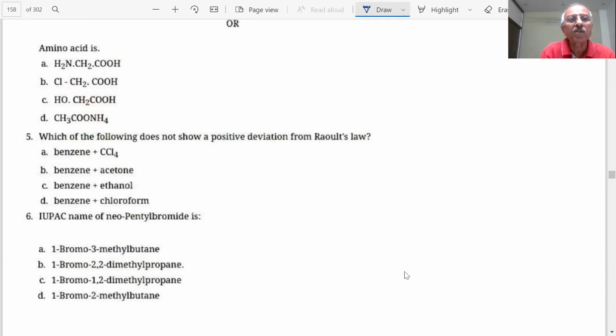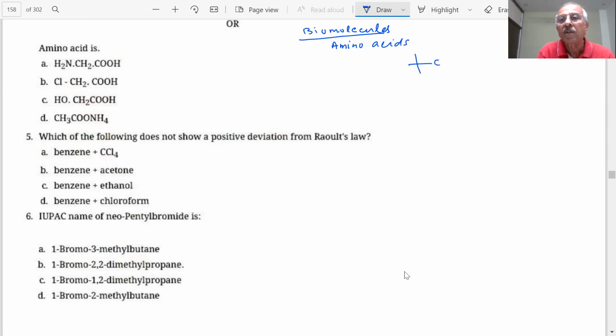Amino acids. The question is, which is an amino acid? You already know, students, I told you in which chapter we have studied the amino acids: biomolecules. In that chapter we told you about 20 natural amino acids, and what type of amino acids?